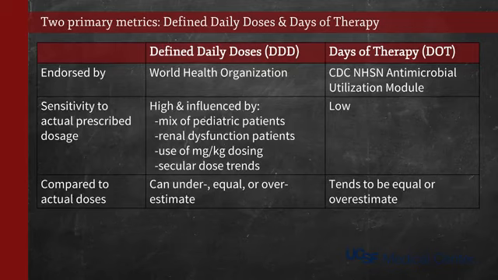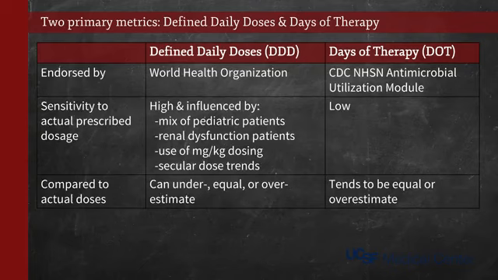Historically, the defined daily dose methodology, which is endorsed by the World Health Organization, has been the most common metric reported in the literature. However, DDDs, as they are called, are very sensitive to a number of influences, including the mix of pediatric patients, patients with renal dysfunction, use of milligram per kilo dosing, and trends in the dosing of antibiotics.